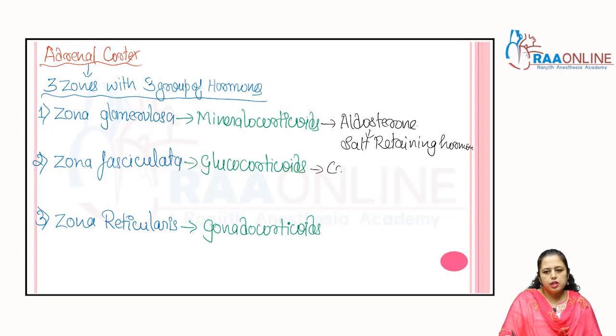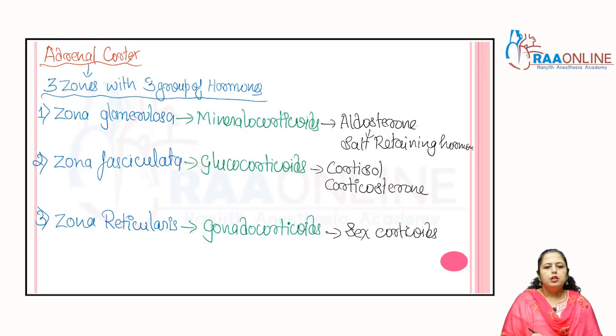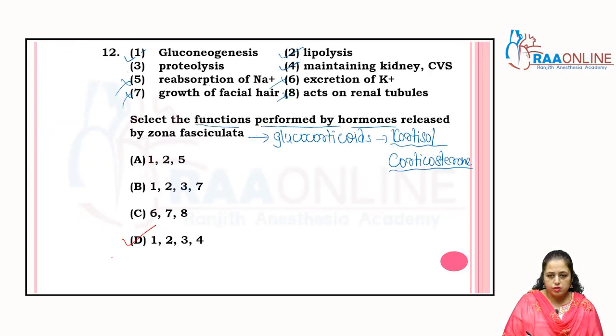Glucocorticoids are cortisol and corticosterone, and they secrete the sex corticoids like DHEA, right? So these three zones are related with the secretion of the adrenal cortex, right?